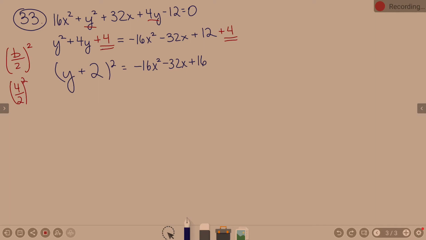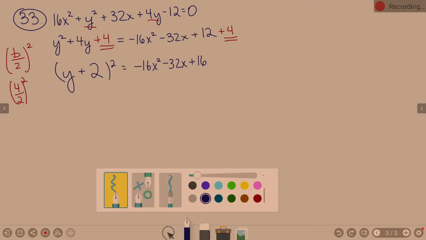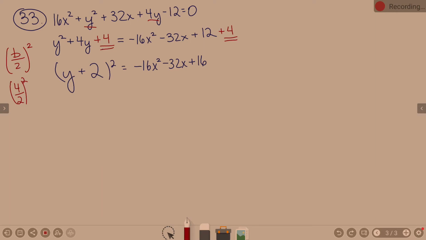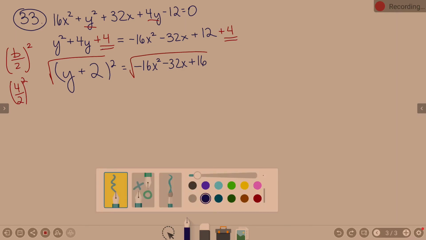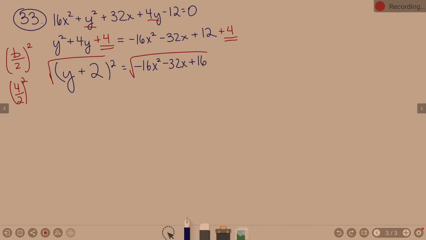To get that squared to disappear, we're going to take the square root. Since it's y plus 2 squared, we're going to take the square root of the left and the square root of the right. The square root of y plus 2 squared is just y plus 2.